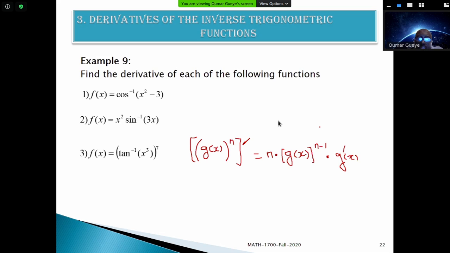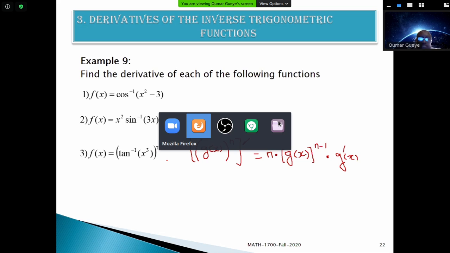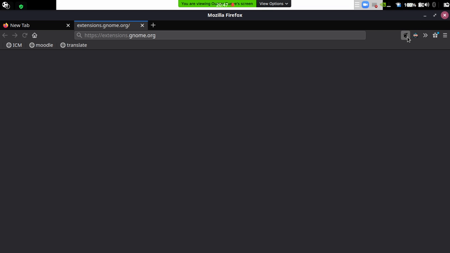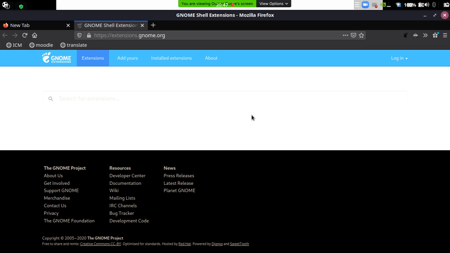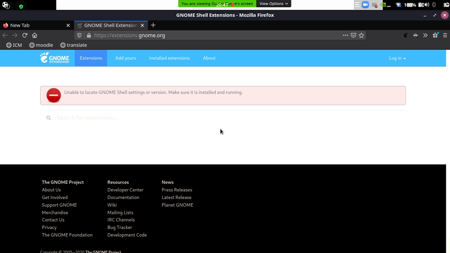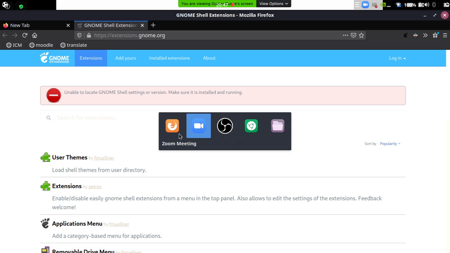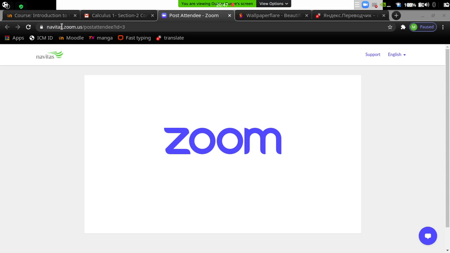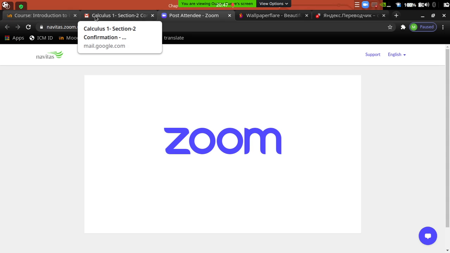We're going to apply this formula for number 3. Now let's see how to use it.